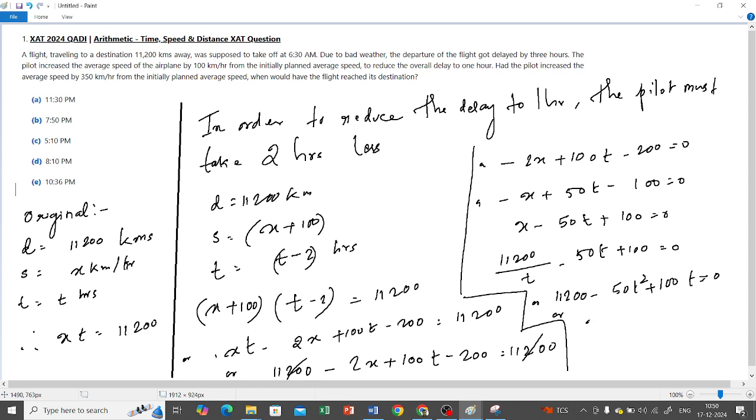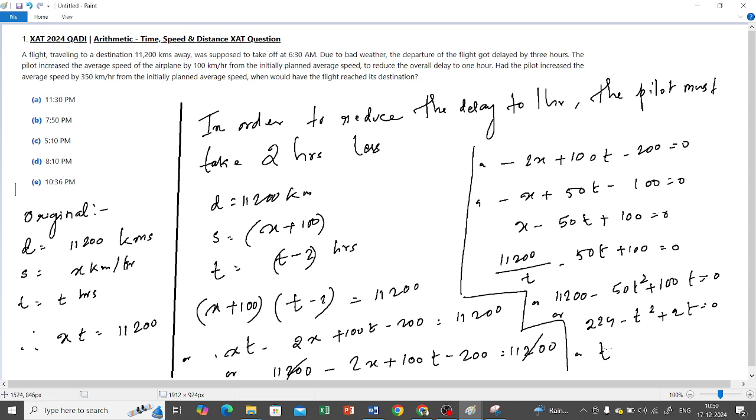Okay, if we divide this by 50, 11200 by 50, okay.